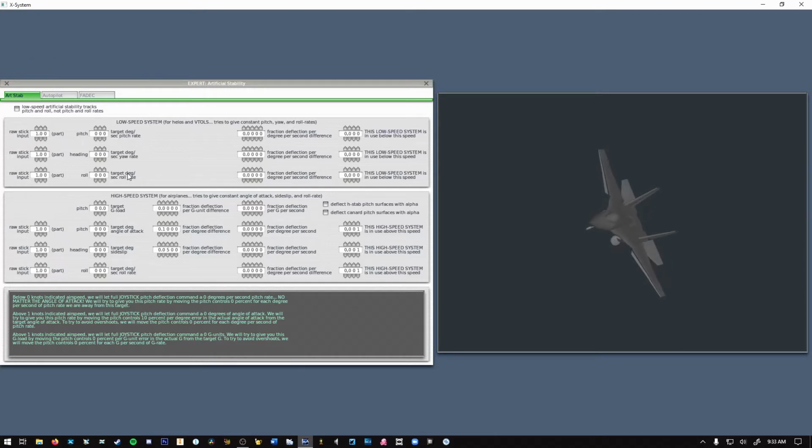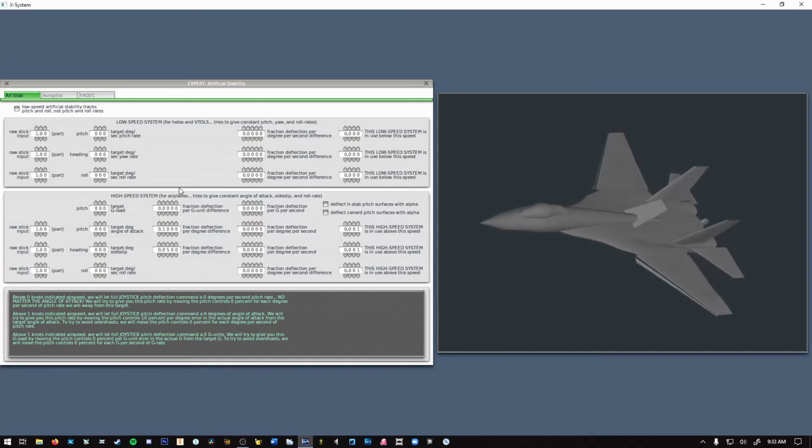So you can use both of these systems in a single aircraft. In fact, it might be preferred to do that just because at slower speeds this system might do better than this one. It really depends. It's up to you and your aircraft. But for me, I'm going to start with a high-speed system, because I've been noticing that in my aircraft, without artificial stability when I've flown it, it has a tendency to overshoot the angle of attack that I want it to be at very, very quickly because of its thrust vectoring and large control surfaces and all that.